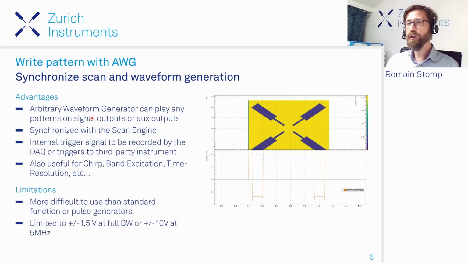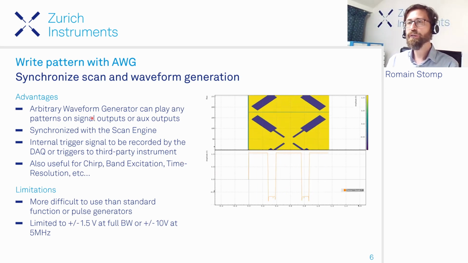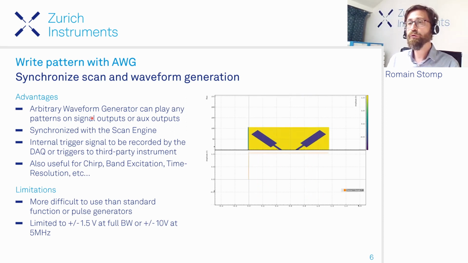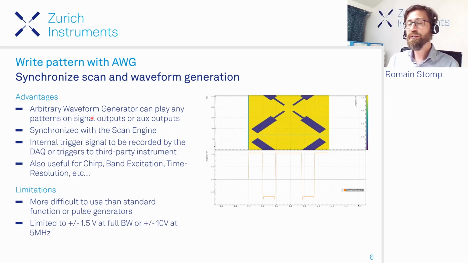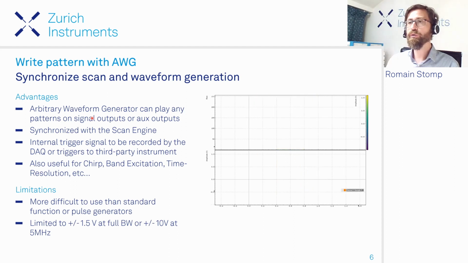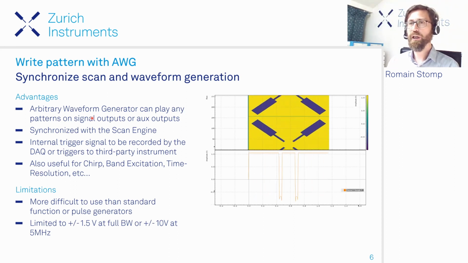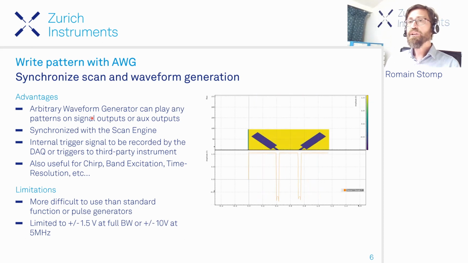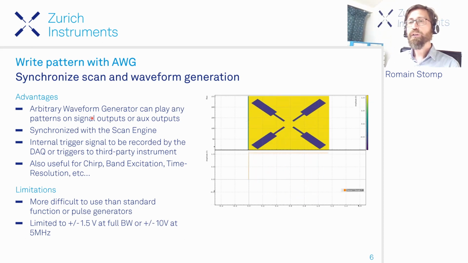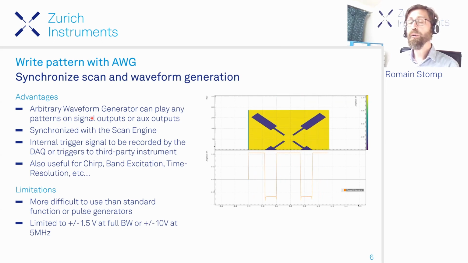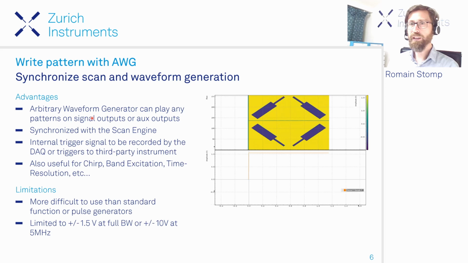For the AWG built into the UHFLI, we actually have 6 outputs, because you have 2 signal outputs, the fast signal output that you usually use for modulation, and then we can also drive from the aux output directly. Because it has a lot of markers and triggers, it's easy to synchronize with CANengine, with third party, but also with internal signals from the DAC.